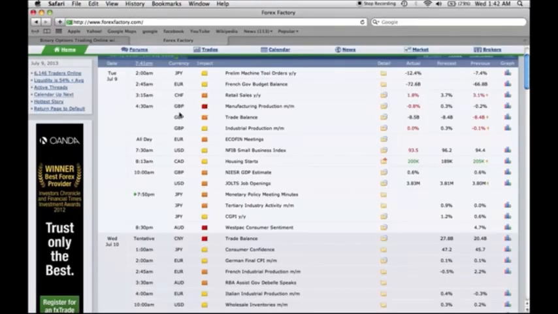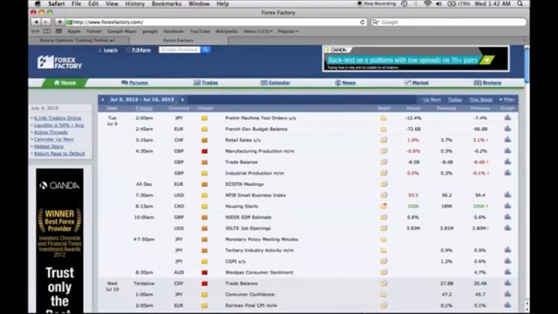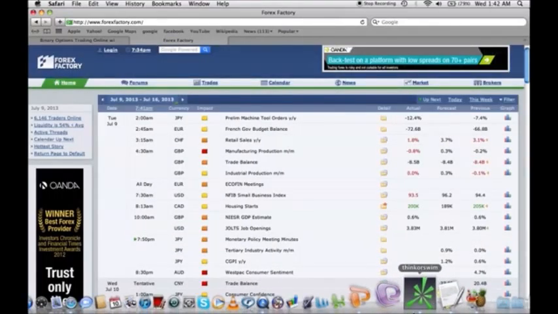So I recommend you wouldn't trade for times where there are red folders on currency pairs, like here, pound. For the pound, it's a red, so it's not very nice to trade on news release. It can mess up your technical analysis, so watch out for that.